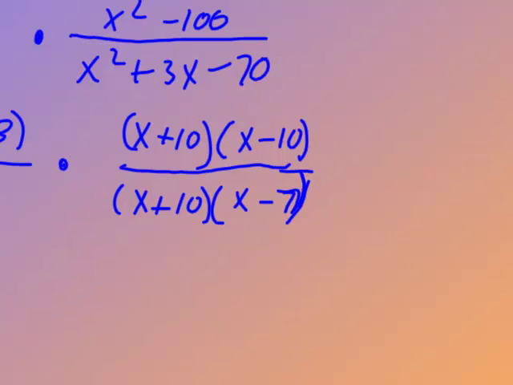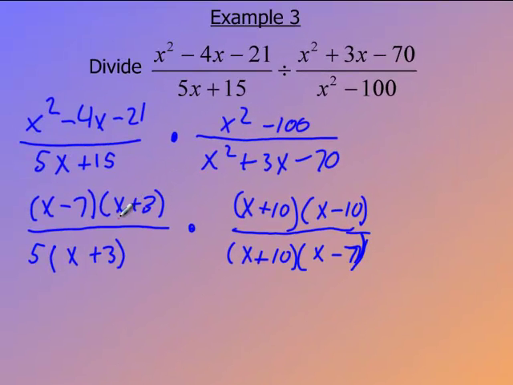Alright, so actually before I multiply, let's make this a little bit easier so we don't have to write as much. We can just start canceling some things from the get-go. So the plus 3's cancel and the plus 10's cancel here. And since I know that I'm going to be canceling out, I could just go ahead and cancel out the 7's, because I know when I multiply, I'll have an x minus 7 on top and an x minus 7 on the denominator.